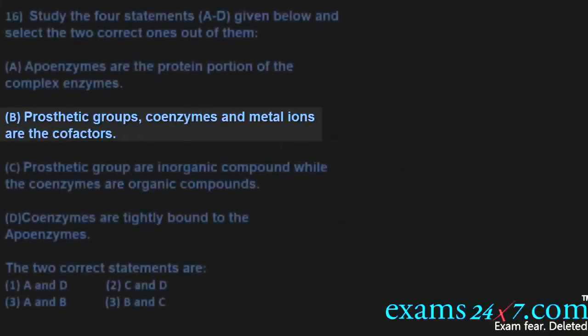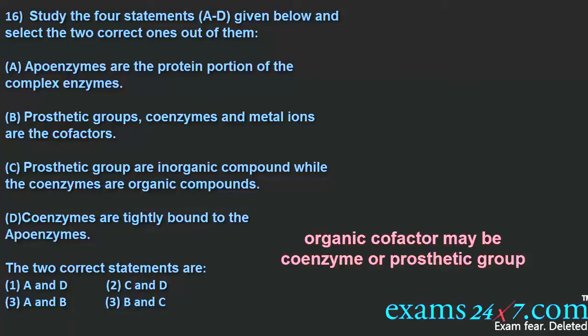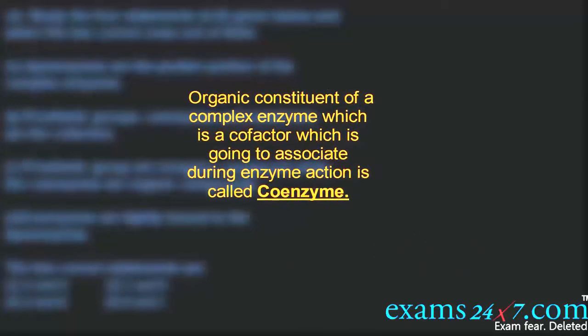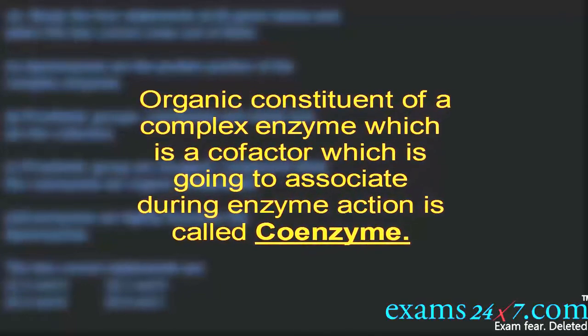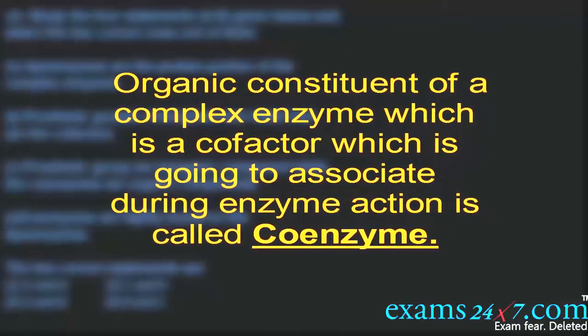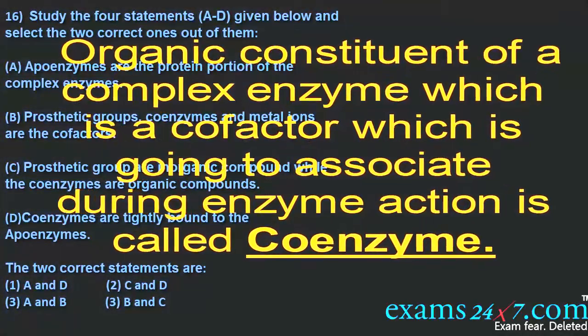Second, prosthetic groups, coenzymes and metal ions are the cofactors. Yes, protein part is apoenzyme, non-protein part is cofactor. If the cofactor is organic, then it can be a coenzyme or prosthetic group. If the organic constituent of a complex enzyme, which is a cofactor, associates only during enzyme action, we call that a coenzyme.